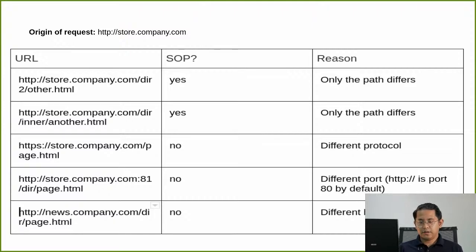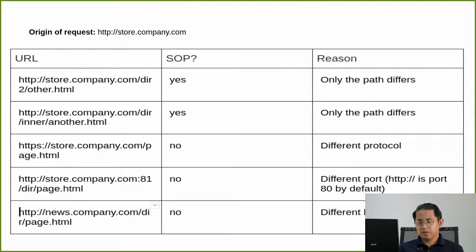Next is HTTP store.com with port 8081, I mean 81. It's violating the rule. The reason here is a different port. HTTP is port 80 by default, so with no indicated port, it's 80.